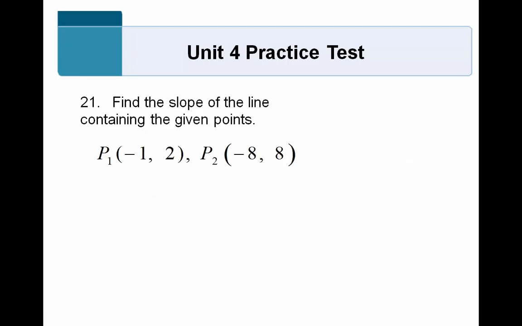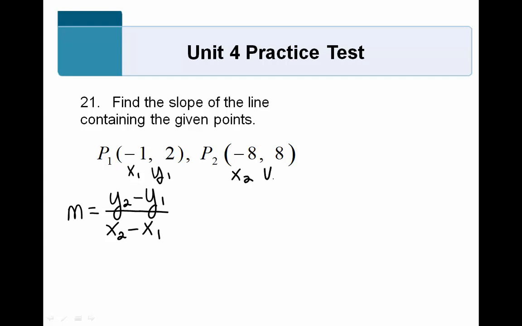Find the slope of the line containing the given points. Recall that our formula for slope is equal to the difference in y's divided by the difference in x's. I'll call this x subscript 1, y subscript 1, this x subscript 2, y subscript 2.